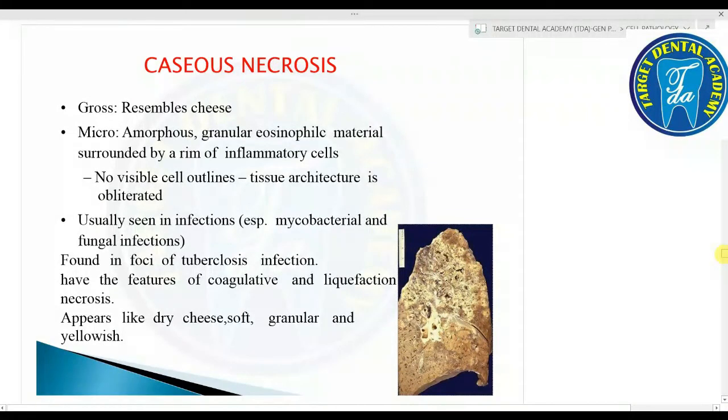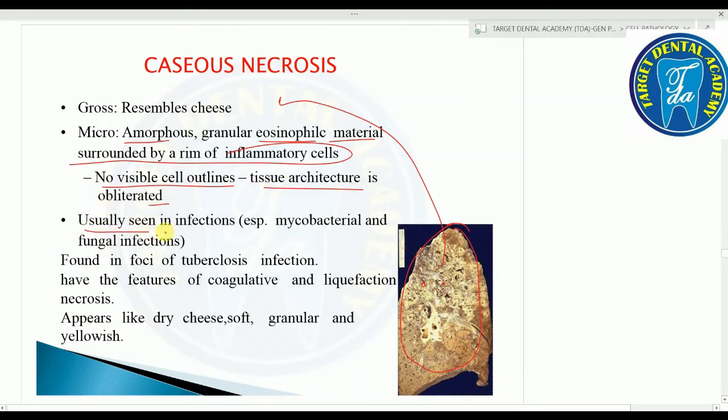While in caseous necrosis, it resembles cheese. It is amorphous, granular, eosinophilic material which is surrounded by a rim of inflammatory cells. There is no visible cell outline. The tissue architecture is obliterated.